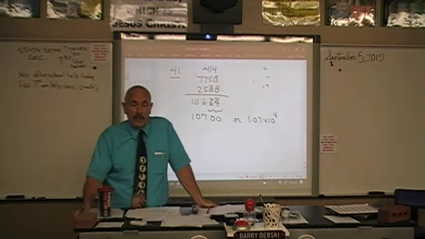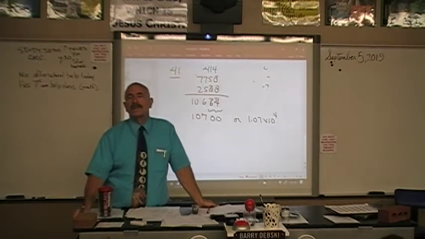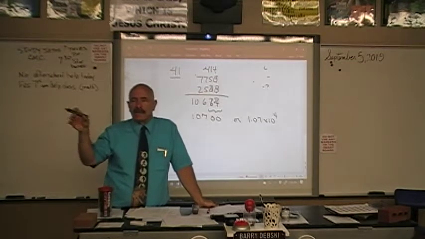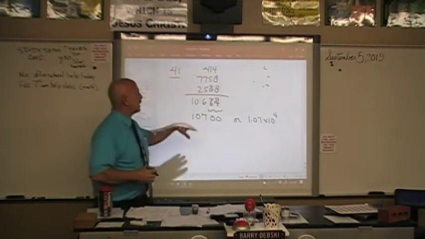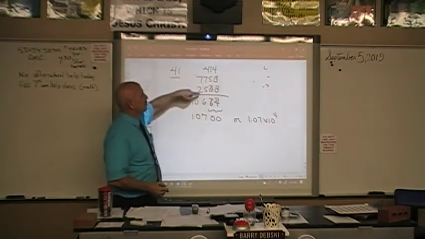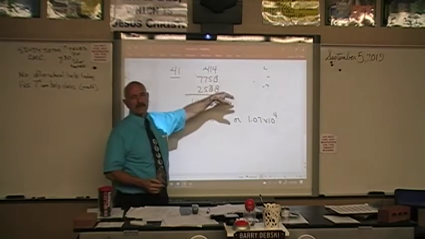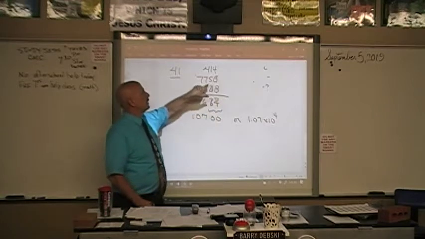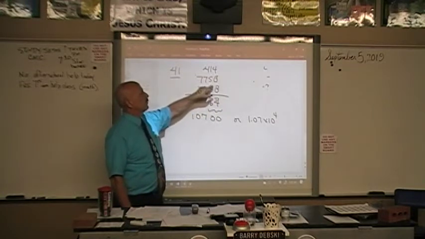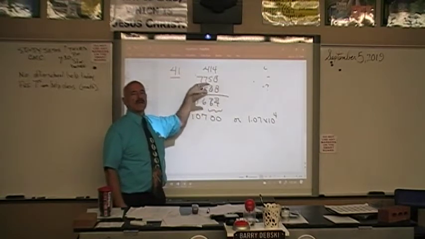Okay? So we don't really know. So those last three digits, the 000, are uncertain. And it could be anything. So it's the same thing here. We really don't know if this is 2,400 or 2,600 or somewhere in between. So it's 2,500. We really don't know if this is 7,740 or 7,760. So it's somewhere in between.